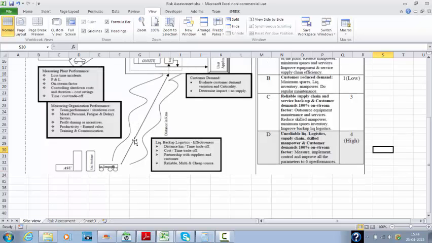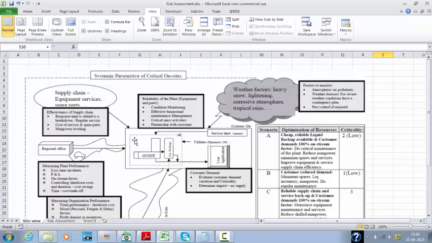Other factors that come into the picture include the weather, because these plants are designed for a condition not specific to this site. There is the problem of tropical countries like tropical rain, or it could be heavy snow or lightning.